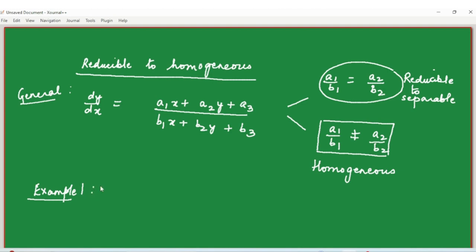So let's look at the first example. Suppose the question is to solve the differential equation which looks like this: x minus 2y plus 1 dx plus 4x minus 3y minus 6 dy equal to 0.